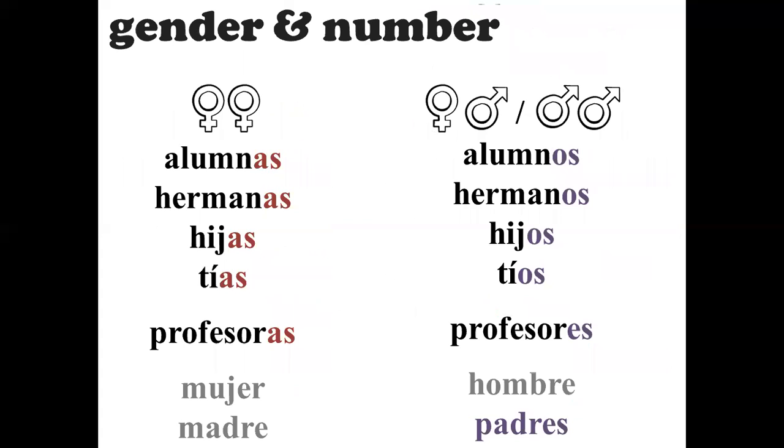And then looking at gender and number together. If you watched the verb video, you got a taste of this before. So if it's a group of just women, if you're talking about just women students, alumnas is what you would use. Or if you were talking about your sisters, hermanas, daughters, hijas, tías, aunts, profesoras, only female teachers.